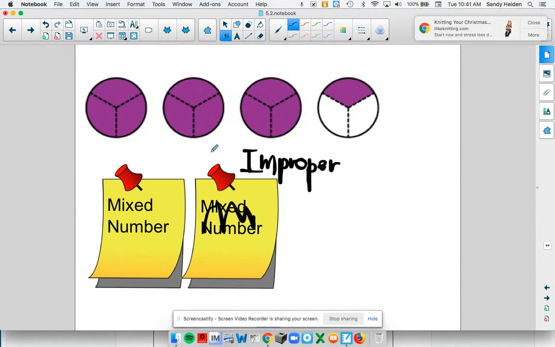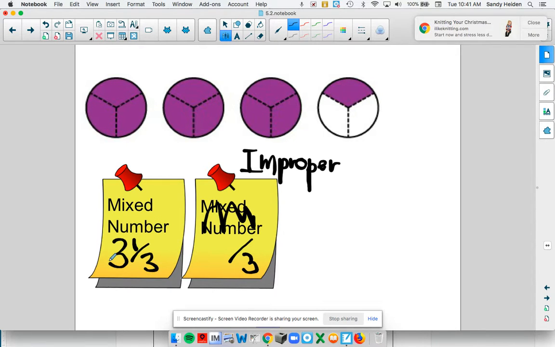All right, let's do the mixed number first this time. 1 full, 2, 3. 3 full ones. You see that each piece holds 3. 2, 3. So I have 3 full and 1 left over. 3 and 1/3.